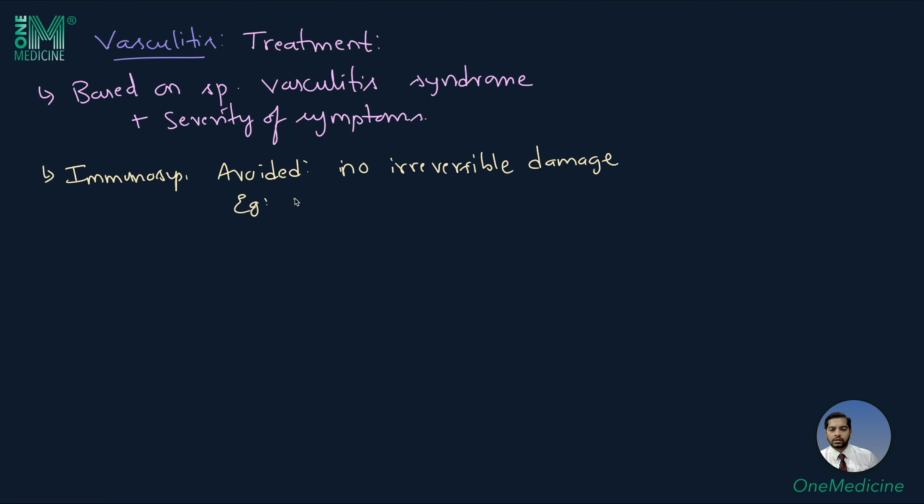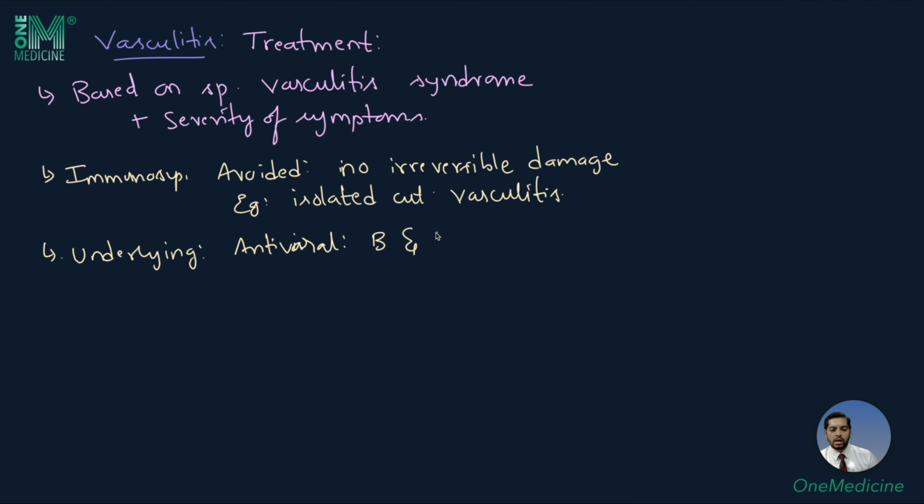Examples of such conditions include isolated cutaneous vasculitis. In treating the underlying conditions, antivirals play an important role, especially in hepatitis B and hepatitis C viral infections.